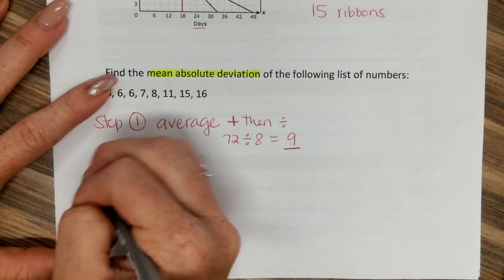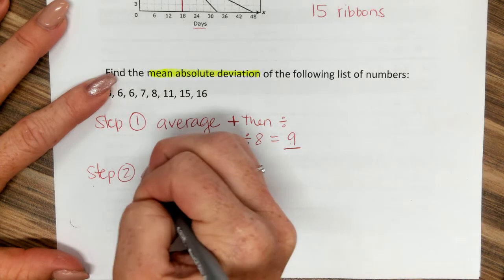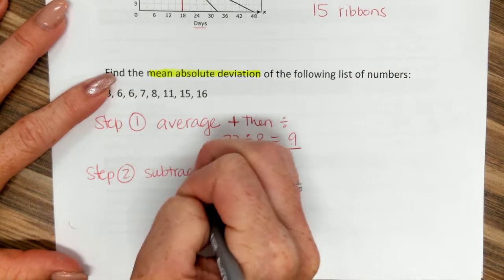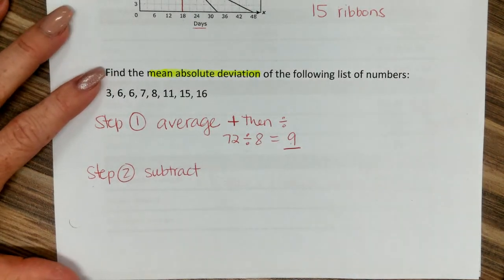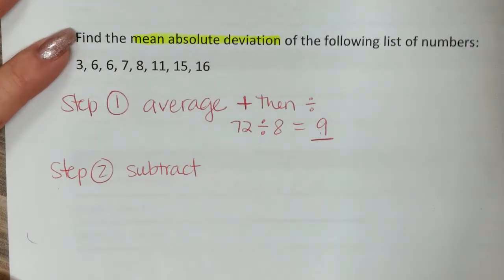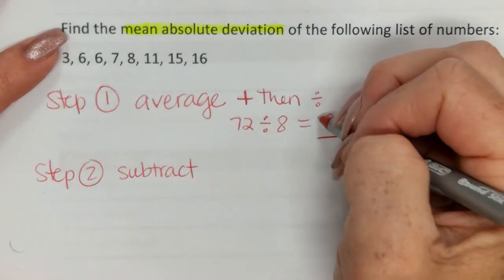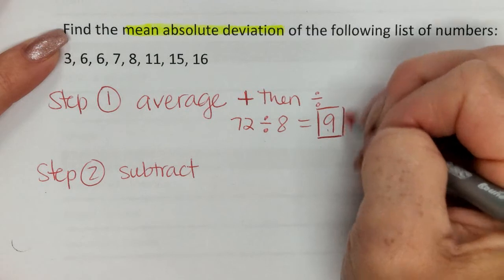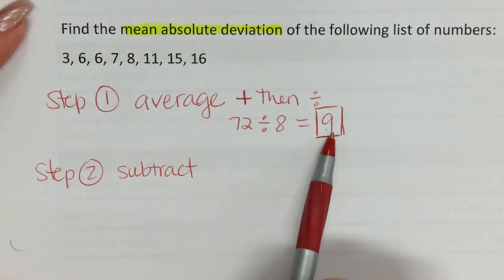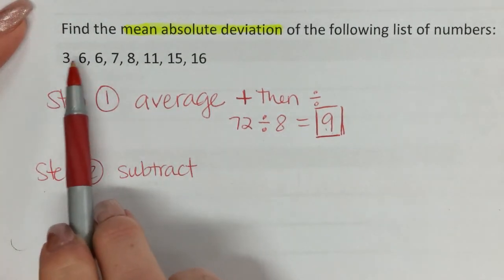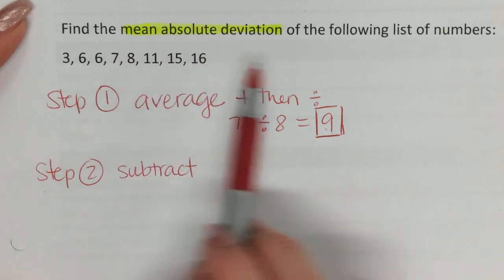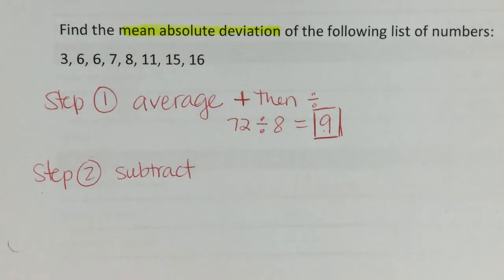Step 2. Subtract and make a new list of numbers. So you're going to take the answer from step 1 and you're going to subtract it from each of these to make a new list. Do not write a negative if you get it.